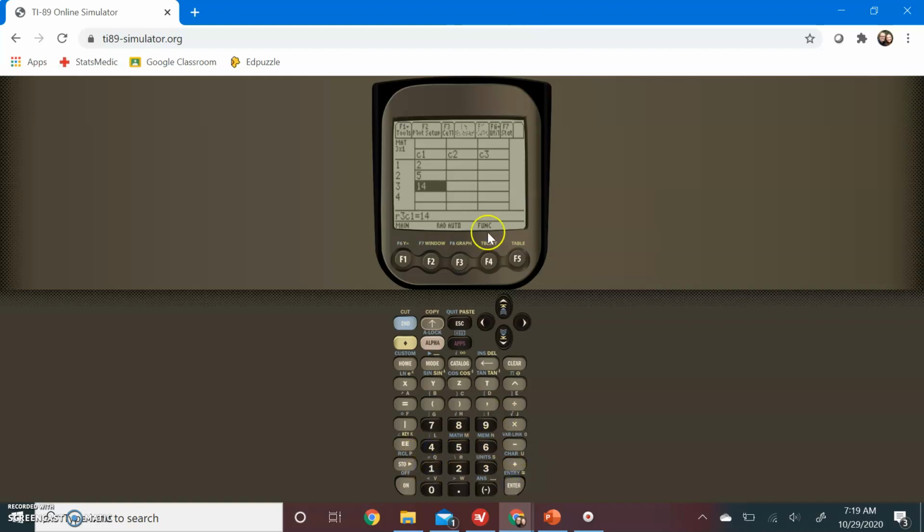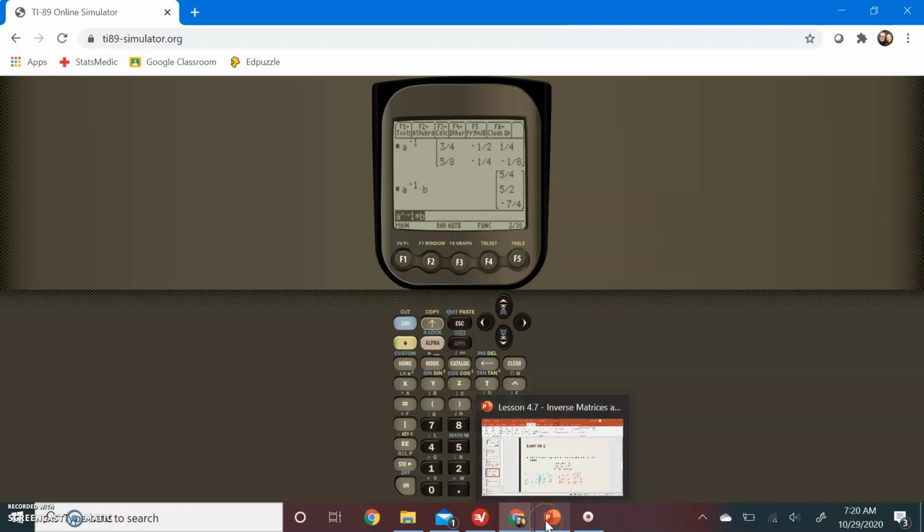And so now I've got my 2 different matrices. And so when I go to home, here's what I can do. I don't even have to retype that. I can just arrow over and it's there. And I'm going to say take the inverse times alpha B, enter, and it gives me my answer. How amazing is that?